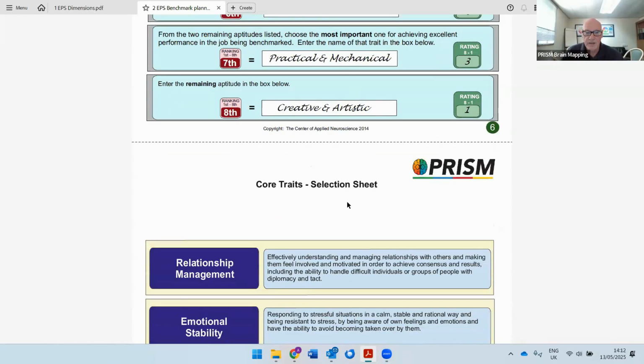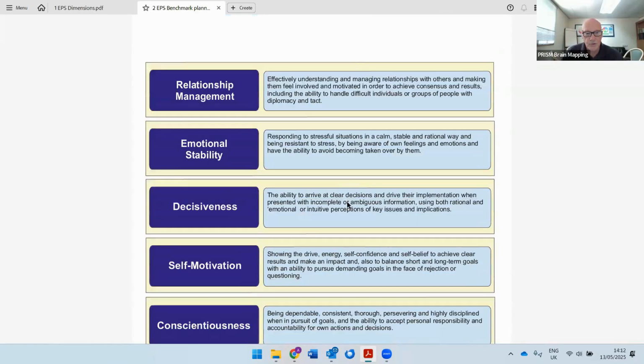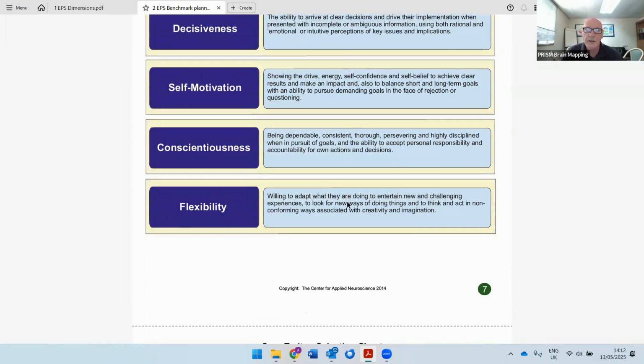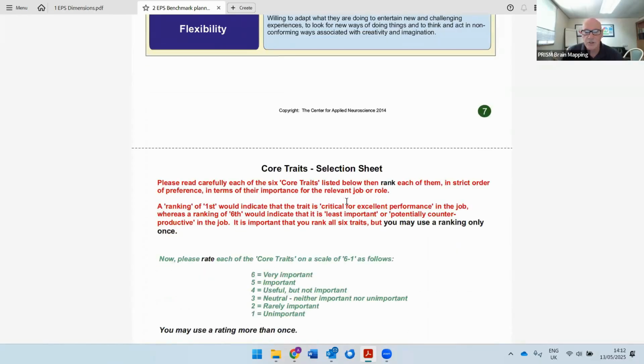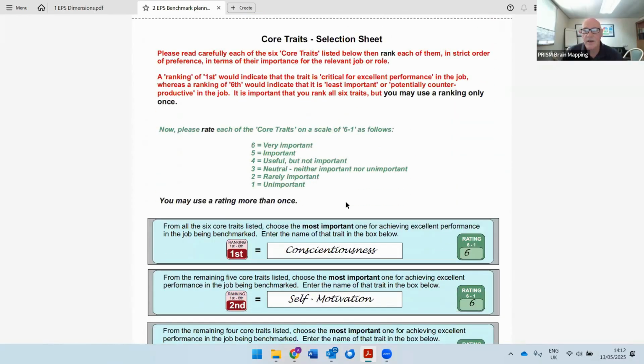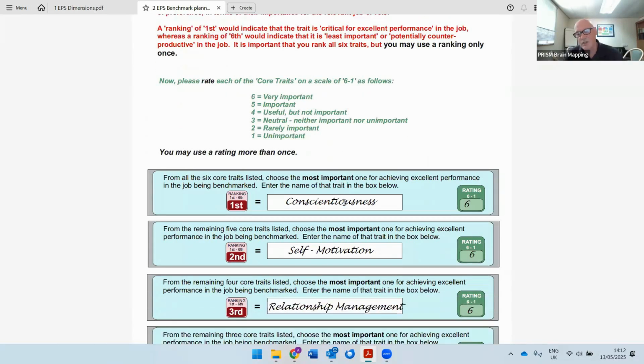Then we go on to the core traits. Again, a description of the core traits here, and then the ranking sheet and the rating sheet. Exactly the same as before. So I have conscientiousness as number one, because I think, again, there's a correlation between conscientiousness and high levels of finishing.